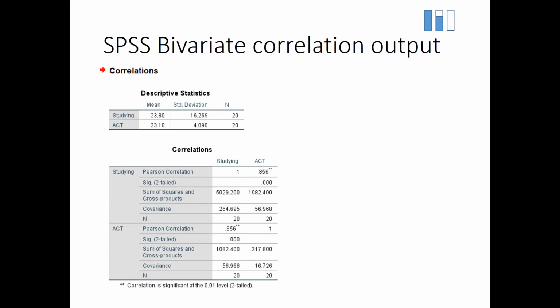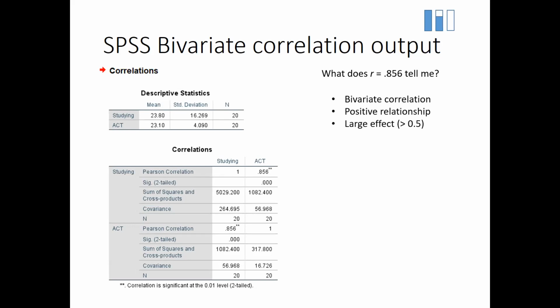Based on the data that we have, it's very unlikely that this outcome would have occurred randomly. So there is a statistically significant relationship between studying and ACT scores. So R of 0.856 should tell you that the relationship is actually stronger than what we initially anticipated, right? Remember, initially it was like 0.6 something.